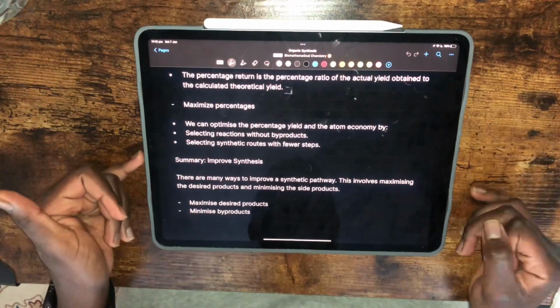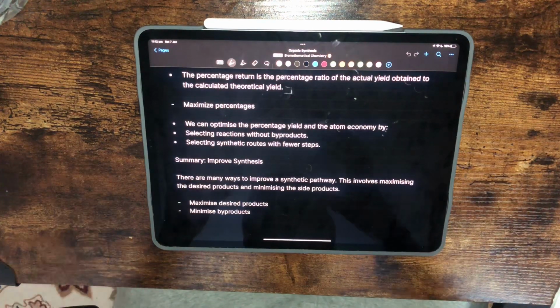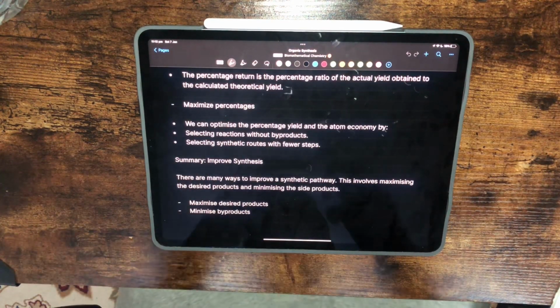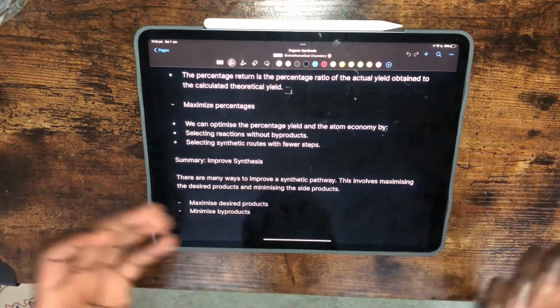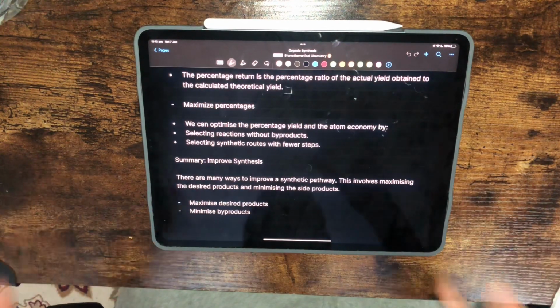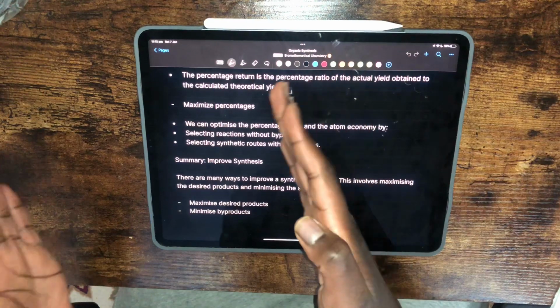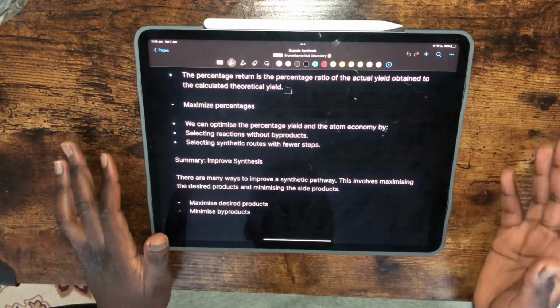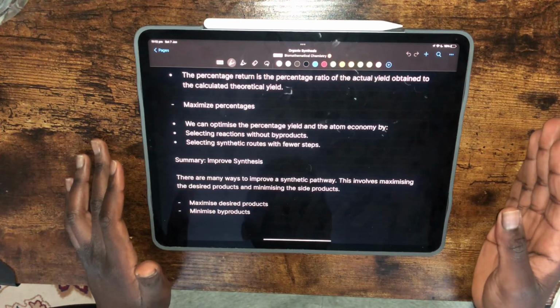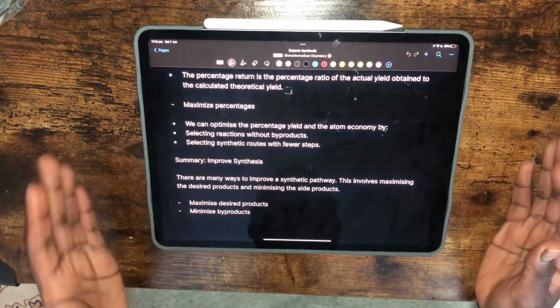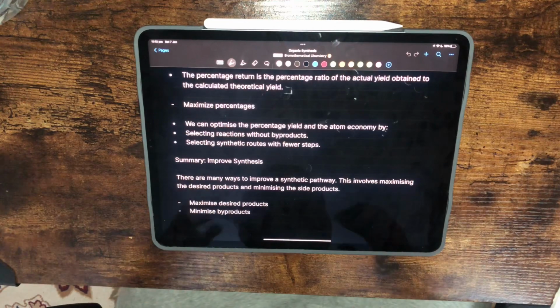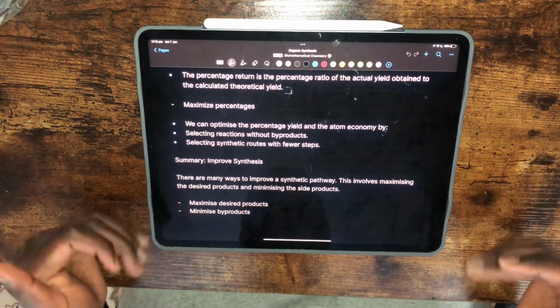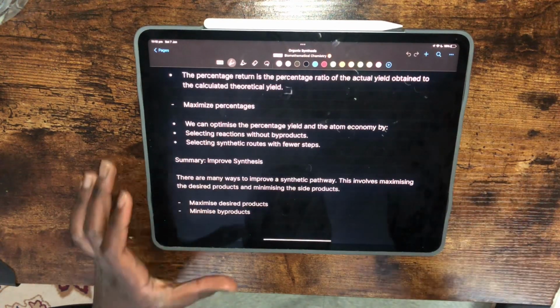What that means is we're trying to make the very most out of the very little that we have. So we don't want to use a lot of a compound to make only a small amount. That's not efficient, unless it's a very rare and specific compound. Then that's fine. But ideally, out of most reactions, we want to make the very most out of very little.